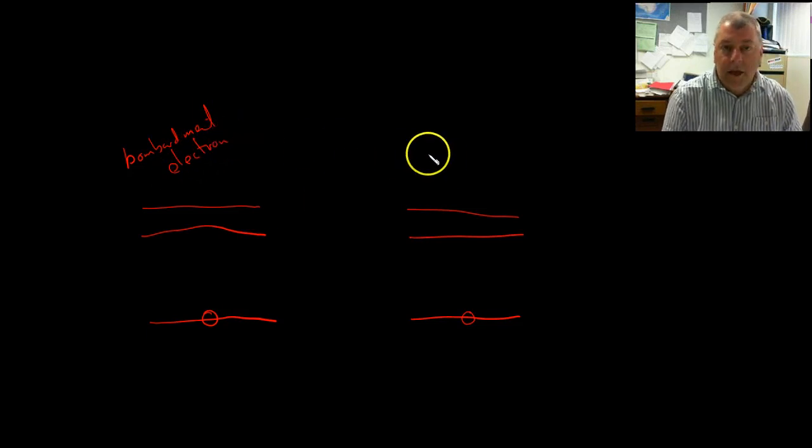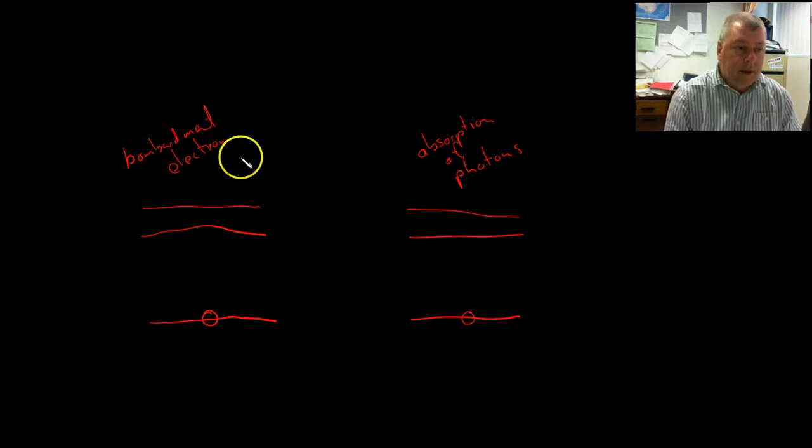and the other is by absorption of photons. And there's a subtle difference between the two. With the electron, it's a particle, and so it has kinetic energy.